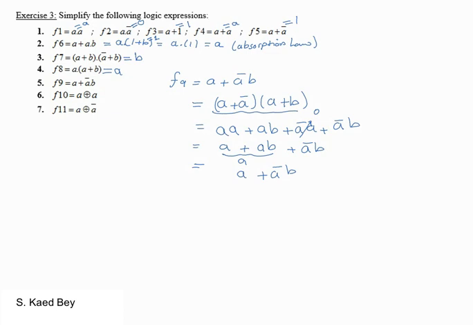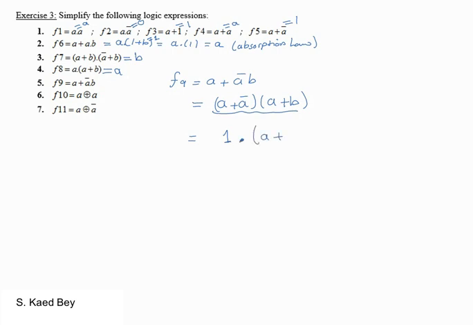Then we can write further the following: A ORed with A bar is always 1, ANDed with A plus B. This can be written as such: 1 ANDed with A plus 1 ANDed with B. And the result is A plus B. So F9 now is A plus B.